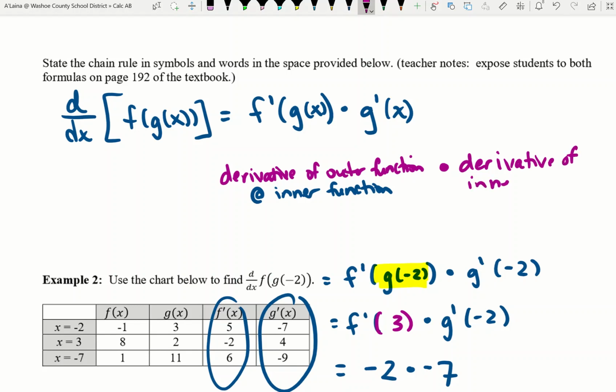So one of our challenges is going to be to figure out what is the outer function, what is the inner function, and then we'll practice using the chain rule.